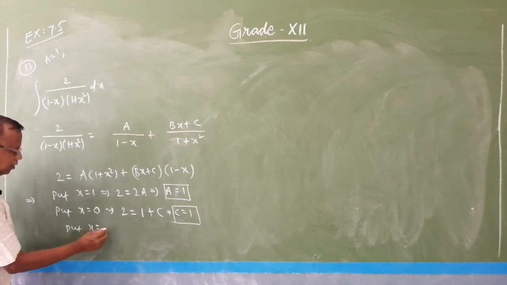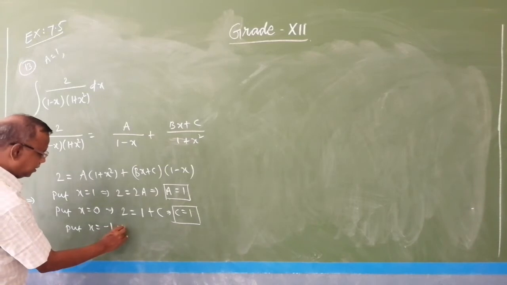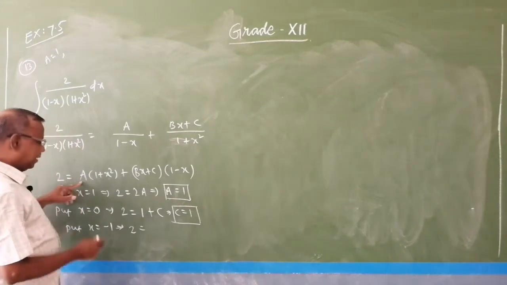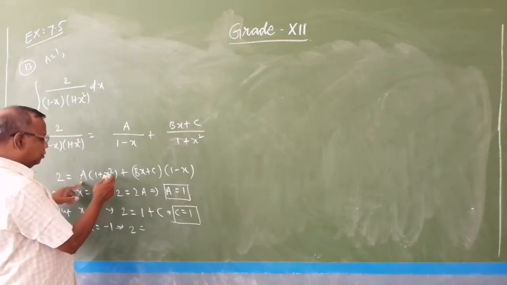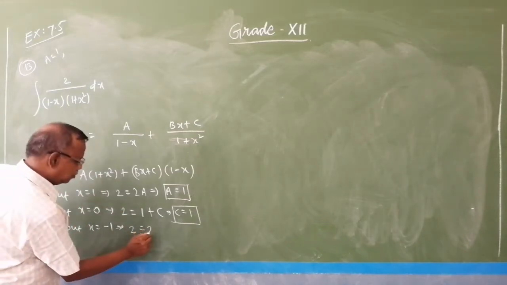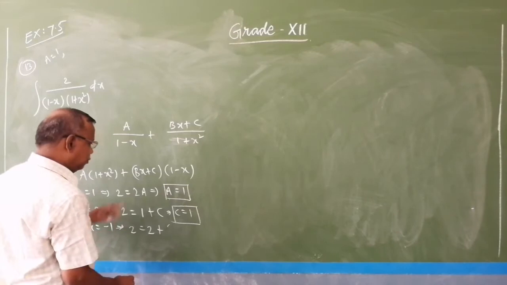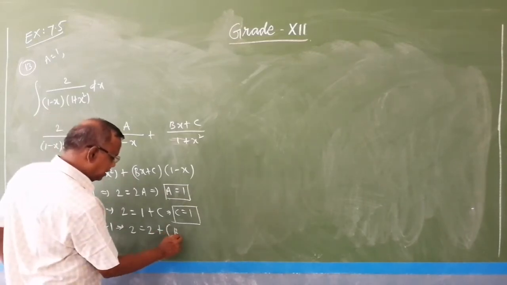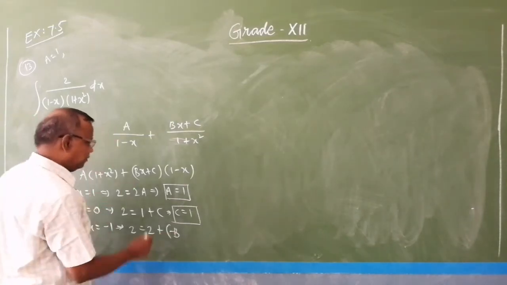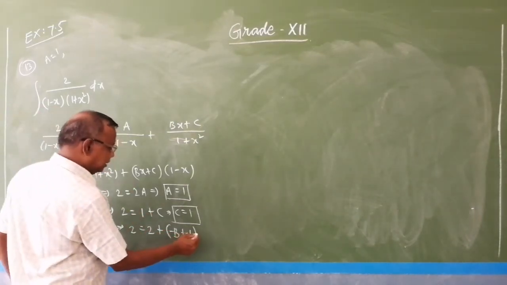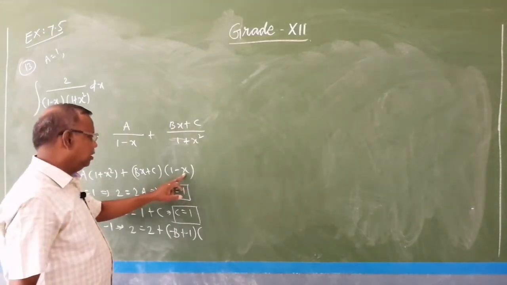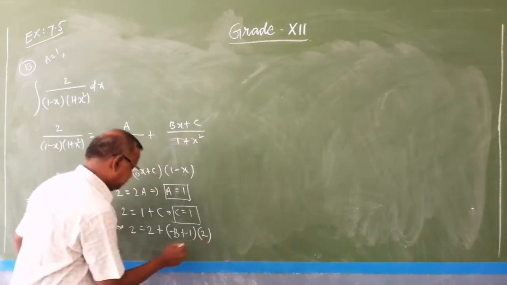And put x equal to minus 1. Here the LHS is 2. Minus 1 whole square equal to 1, 1 plus 1 is 2, 2 into A means 1, 2 into 1 is 2, plus we don't know B, so B into the value of x which is minus 1, so it is minus B. We know the value of C, plus 1 into x equal to minus 1 means minus into minus plus 1, 1 plus 1 is 2.